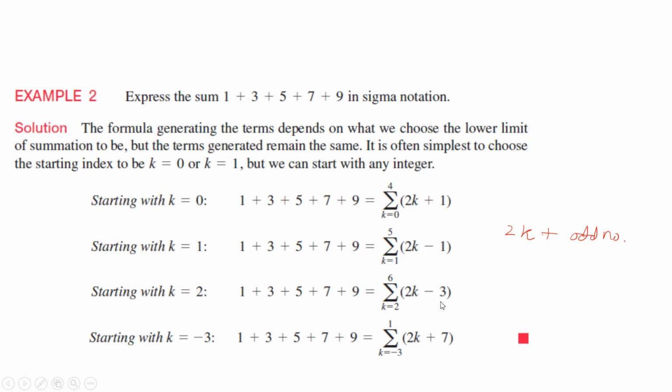We have to subtract 3 from 4 to make it 1, right? And for k is equal to 3, we have 6 minus 3, which is 3, and so on. So that is how we can start from different values. It is not necessary for us to start with 0 or 1 always.